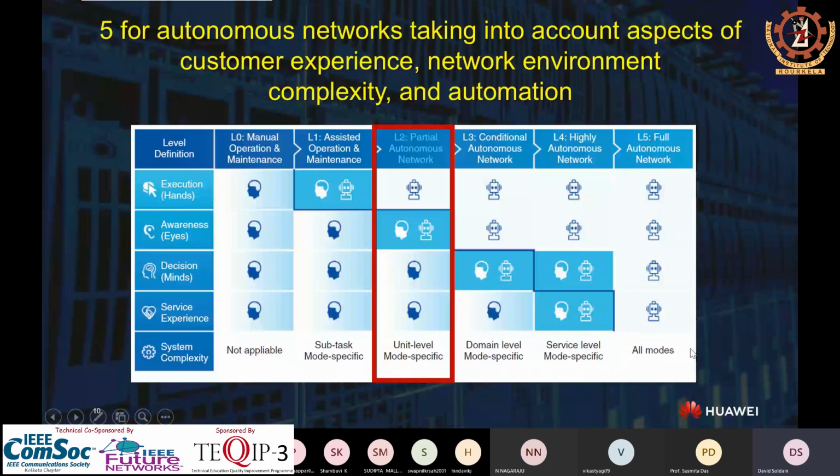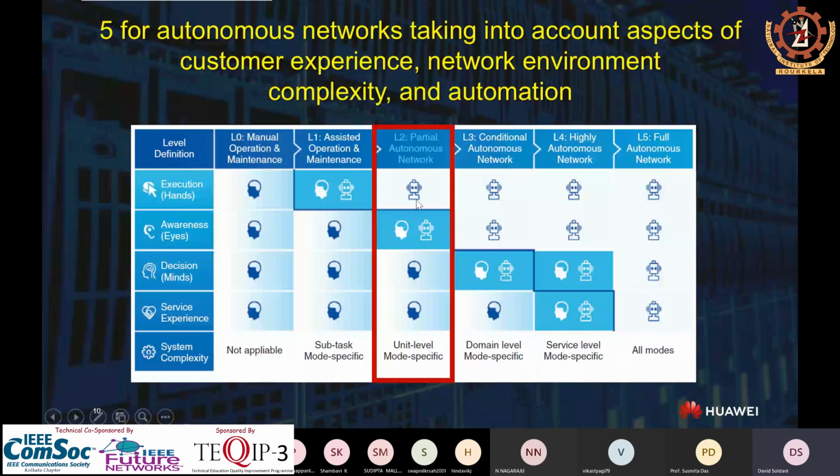I think this is very far into the future, but the target is exactly to achieve this goal. And today we are here. So today, if you look at your network infrastructure, it's only partially automated, and only a few tasks really can be performed without human intervention. And I will show you some of those examples.